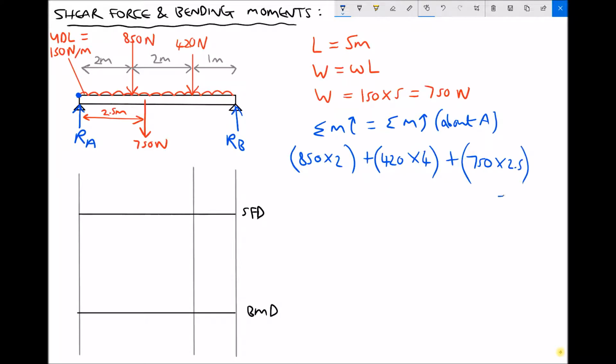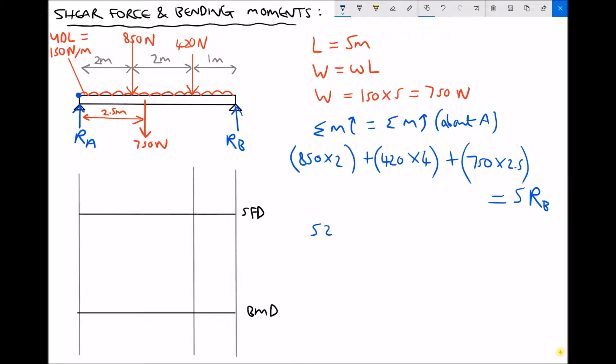And all of that is being balanced by the anti-clockwise moment caused by RB. That's the only force causing an anti-clockwise moment. And its distance from the pivot, or its distance from the left-hand support, is 5 meters. Well, 5RB is the same as writing RB times 5. Let's simplify the left-hand side to give 5255.